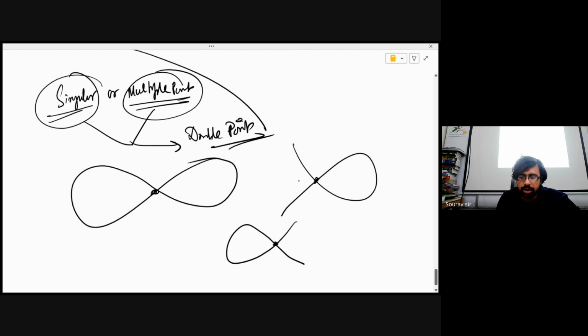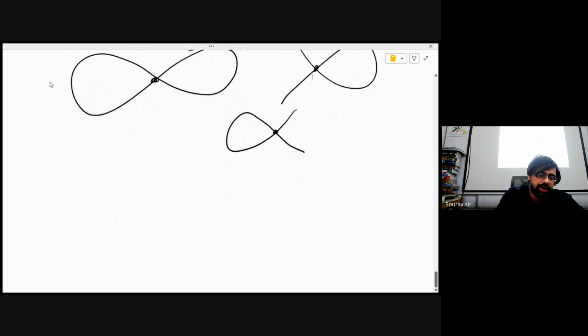So these are all examples of these kinds of points. But how does it become a node or a cusp? Mathematically it is very easy to do, and theoretically also easy. I will do both of them, but not that easy. So when will it be a node?